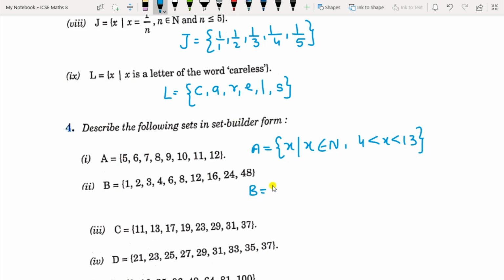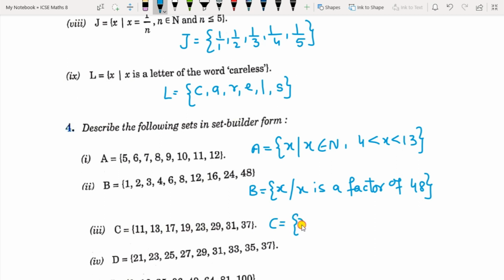Then B equal to 1, 2, 3, 4, 6, 48. You can see these are the factors of 48. So x such that x is a factor of 48. Then C, 11, 13, 17, 19, 23, 29, 31, 37. These are all prime numbers.